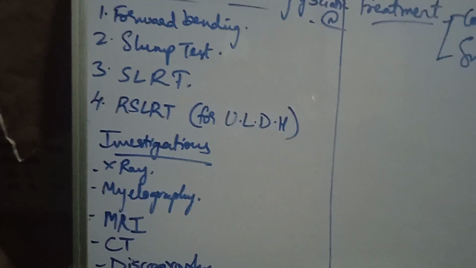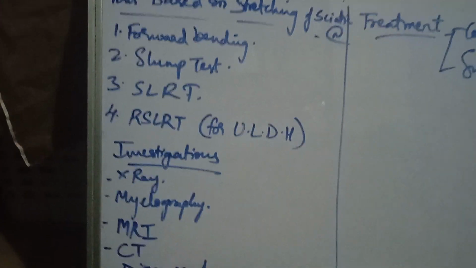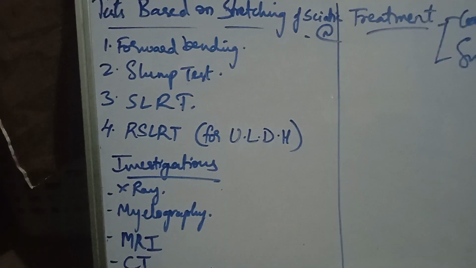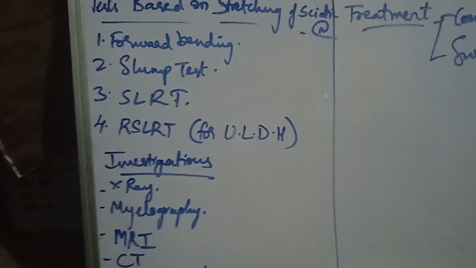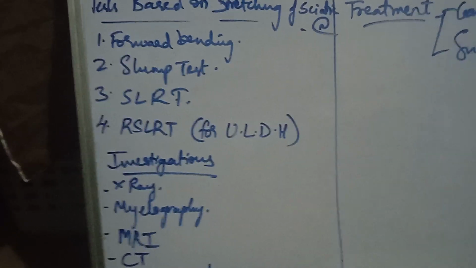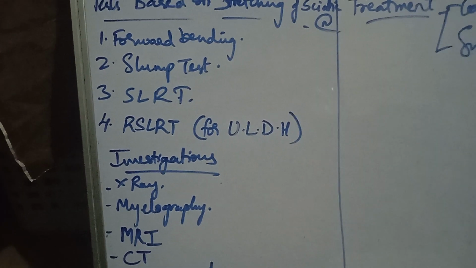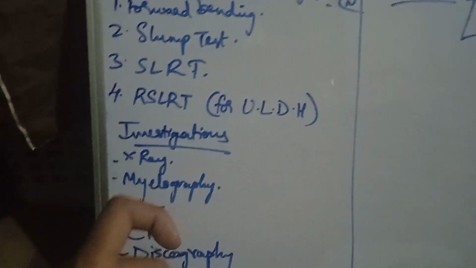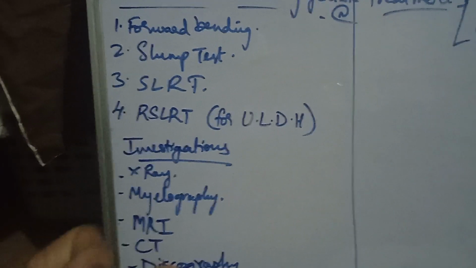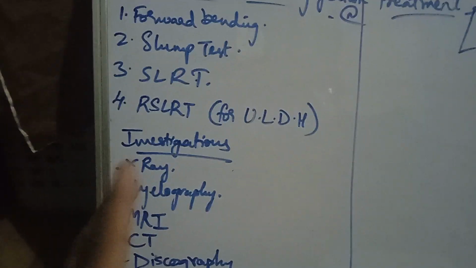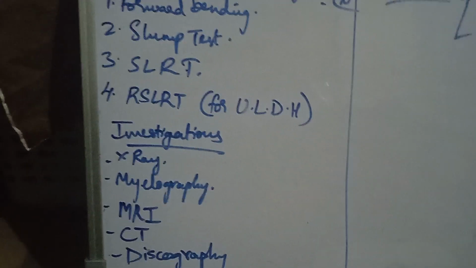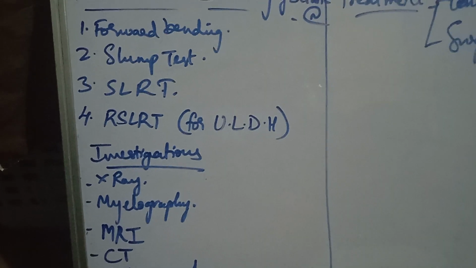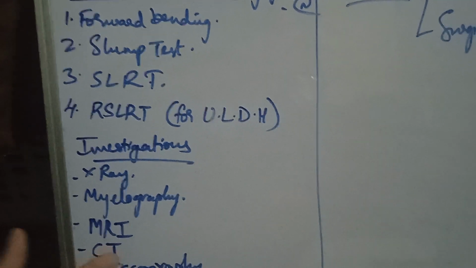Then discography, where we inject a dye directly into the disc so that we see the disc properly on the imaging study. Other tests include bone scans, EMG, lab tests, injection studies, etc.